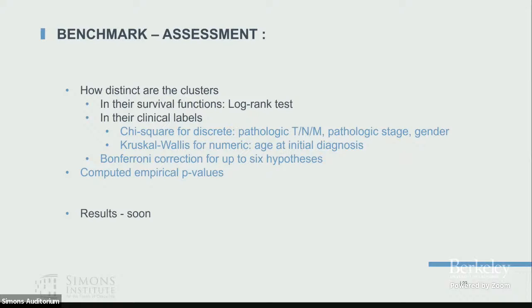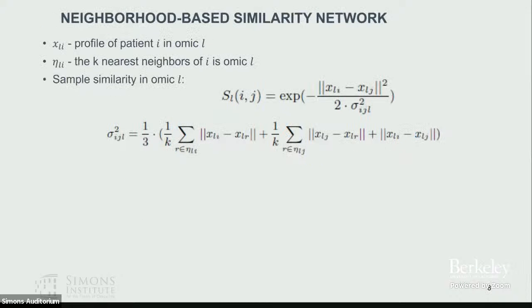And there were also about 6 clinical parameters that were common to all these cancer types, and we looked at the significance of the appropriate test between the clusters. I'll show you the results soon, because while doing this benchmark, we realized that maybe we can do better, and we came up with a new network-based approach.